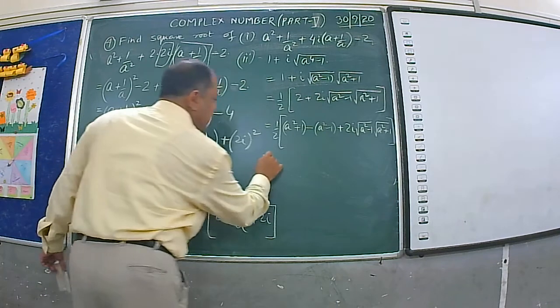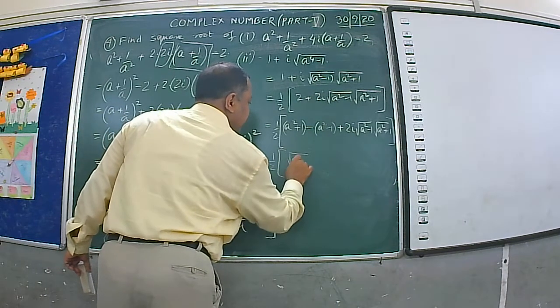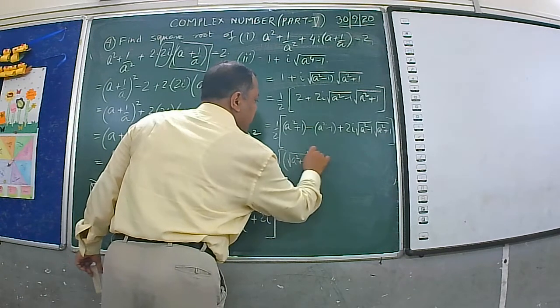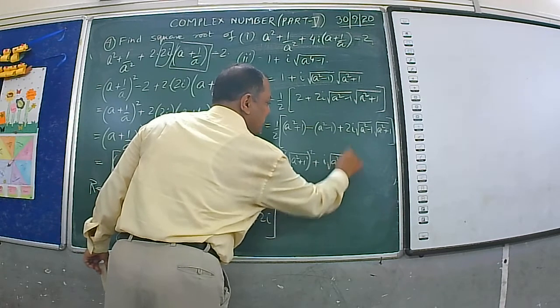On further simplification, root over a square plus 1 plus i root a square minus 1.